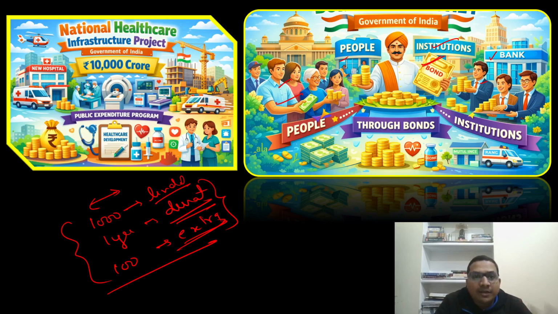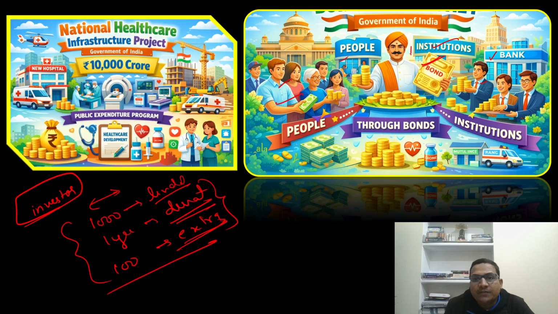Okay, so a written promise note in which all the details of your deal or agreement have been written is called your bond. Since you are the person who is giving the money, you are the person who is lending the money, you become the lender or the investor.